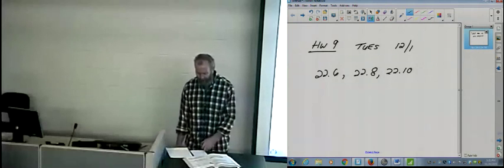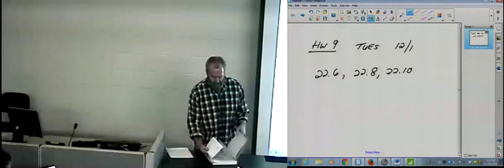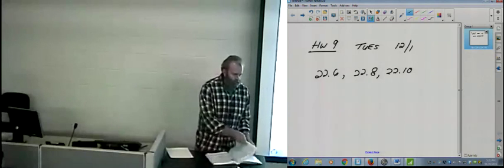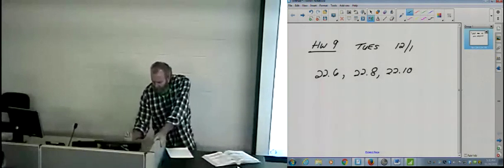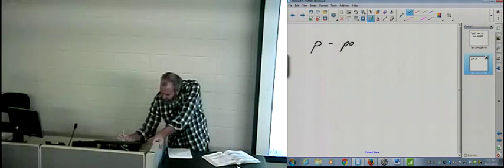Okay? Now, where we're at in this chapter 22, we're no longer looking at a population mean. Now we're looking at a population proportion. Right? And what I used on you last week was p is your population proportion.